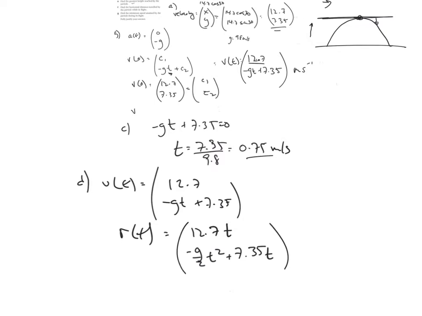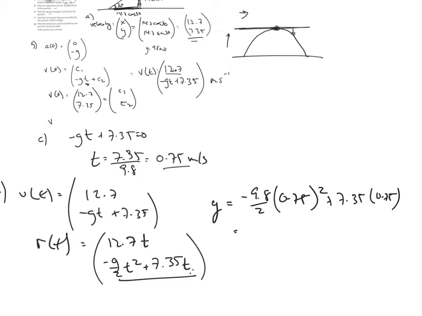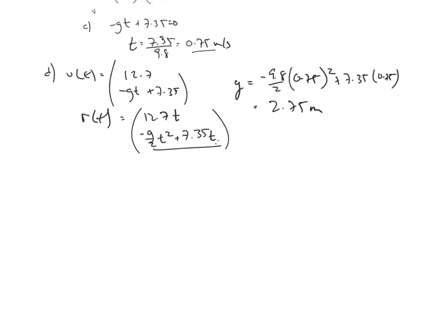I only need the y component, so it's negative 9.8 over 2 times 0.75 squared plus 7.35 times 0.75, because this is the y value of displacement. This tells me how high the particle goes, and when I do that calculation, I end up with 2.75 meters. This was E part.